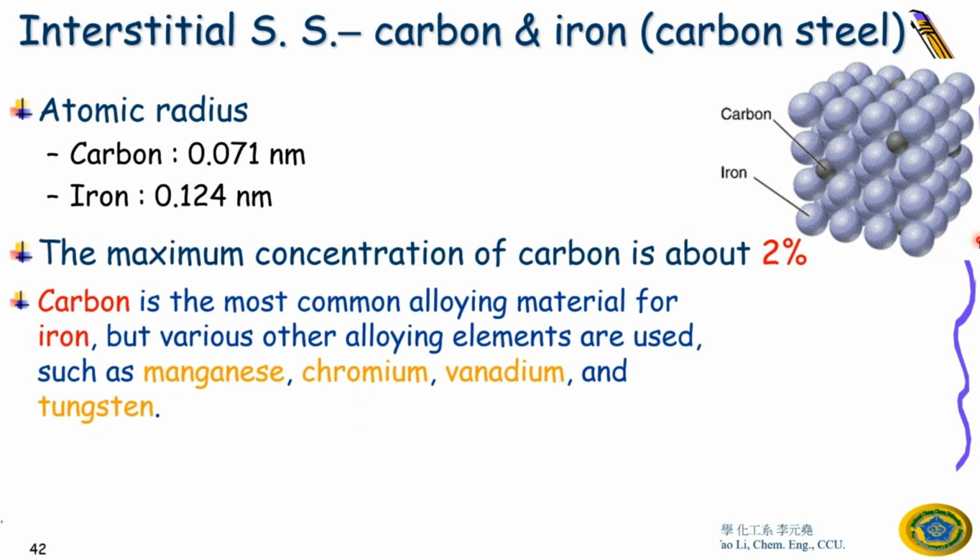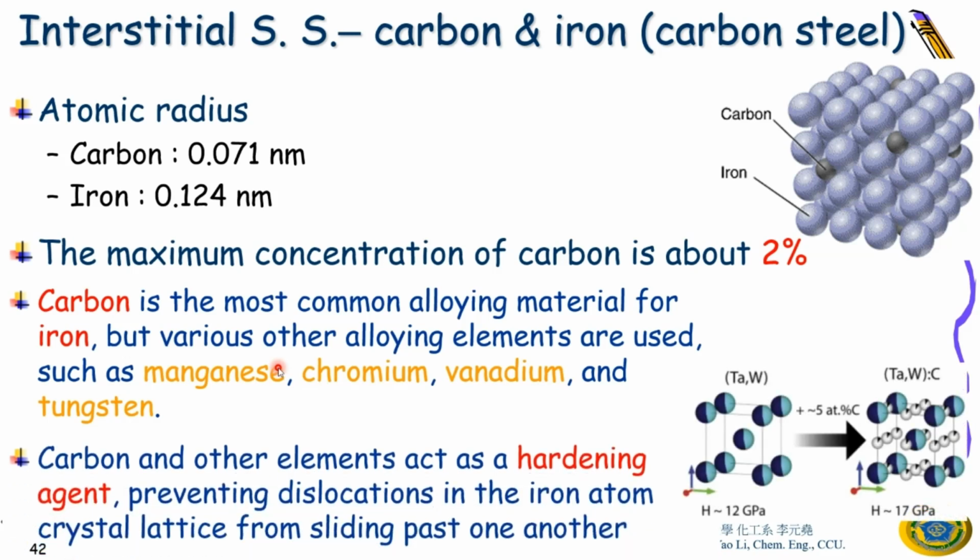And why do we need to put carbon into the iron? Carbon is the most common alloying material for iron. Various other alloying elements are used, such as manganese, chromium, vanadium, and tungsten. In this kind of metal, we put carbon in because it is called a hardening agent. A hardening agent makes the material harder and stronger.